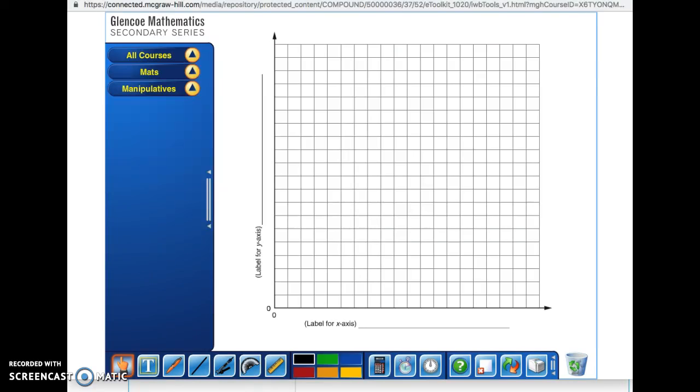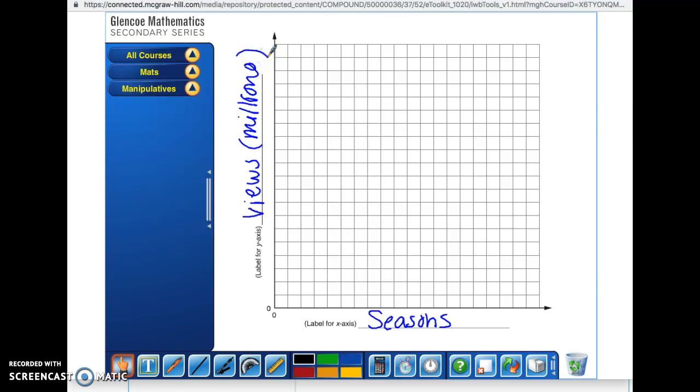So the first thing we have to make sure that we do is label our x-axis. So the label would be seasons. And then our y-axis would be labeled viewers. And you need to make sure that you write what you are talking about. Is it one viewer? Is it two viewer? Ours is millions.